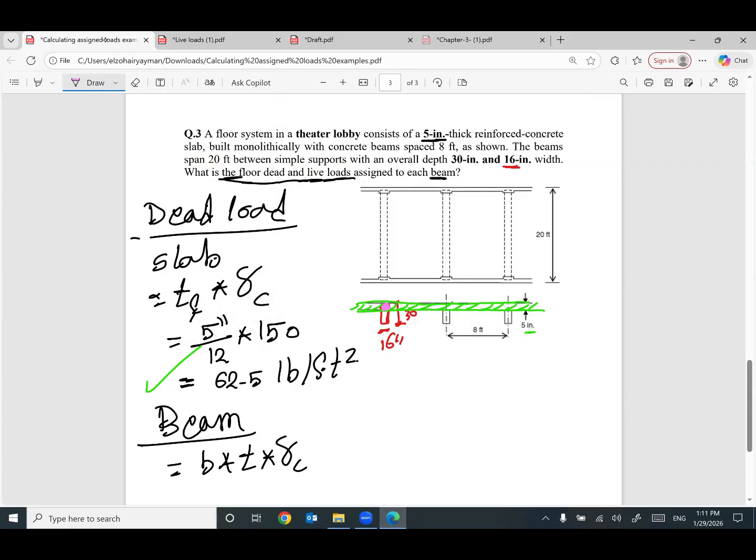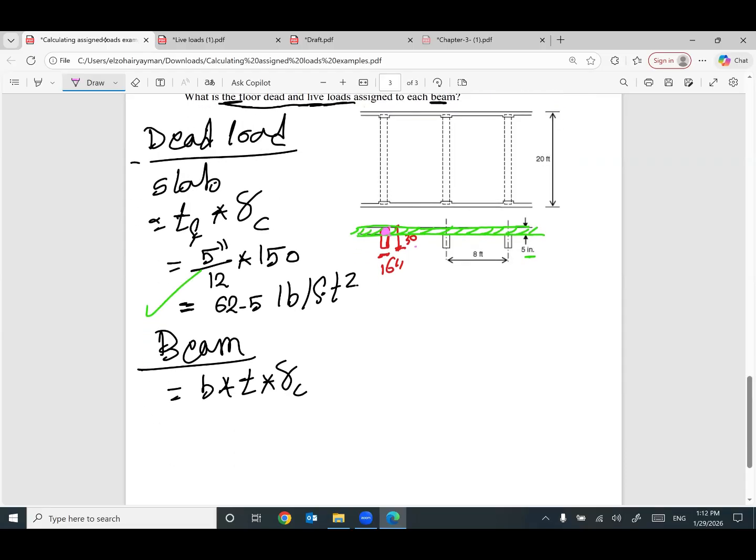We cannot count it one more time with the beam. So I have to subtract the thickness from 30. So I am going to use the B is 16 inch divided by 12. The T will be not 30, but it will be 25 inch divided by 12. This T I'm going to use is the given 30 minus the thickness of the slab, which is 5 inch, times gamma concrete 150.